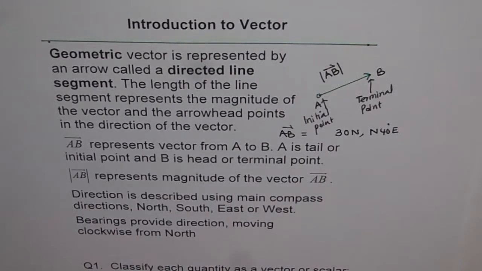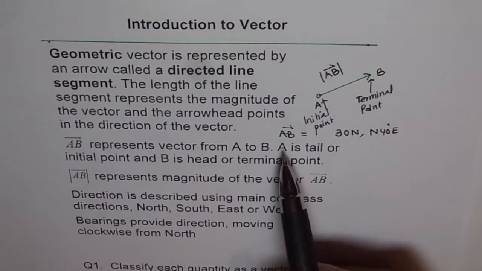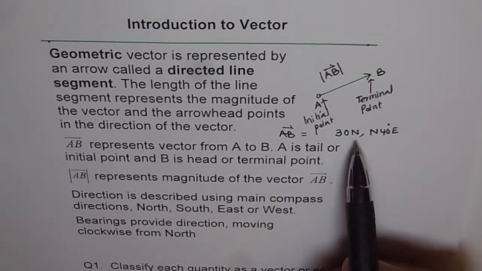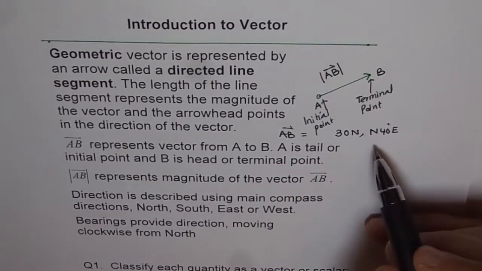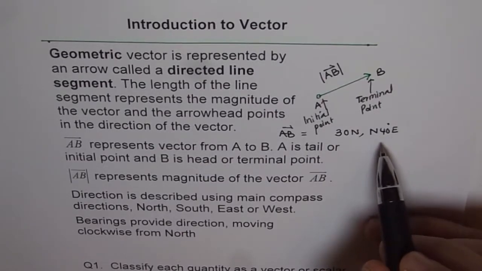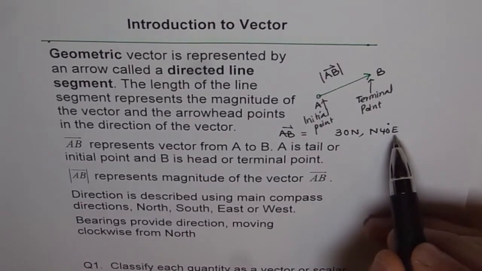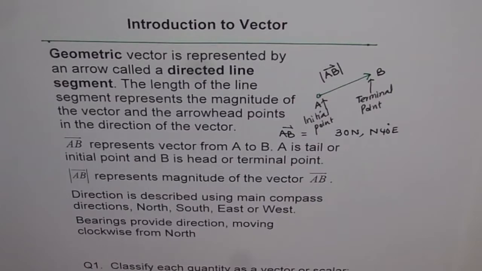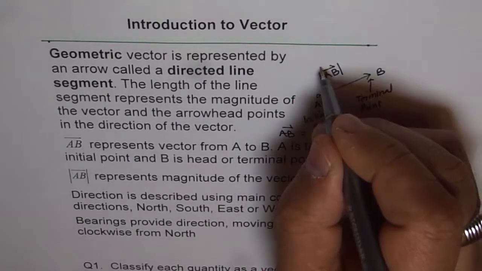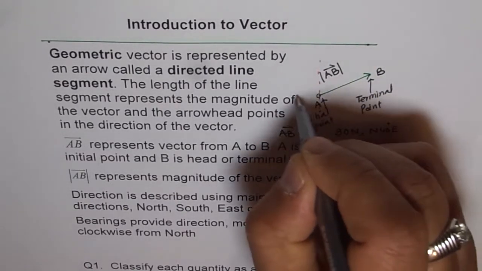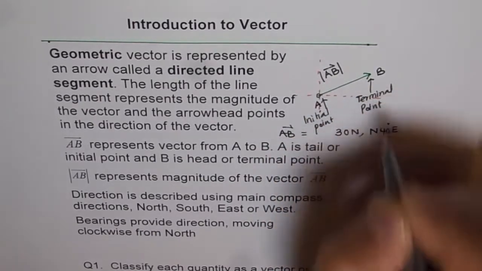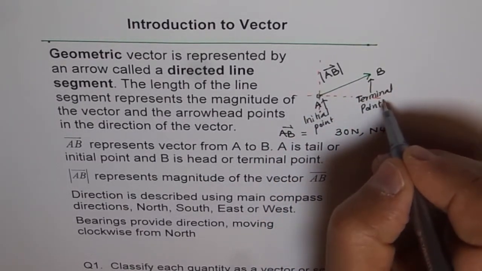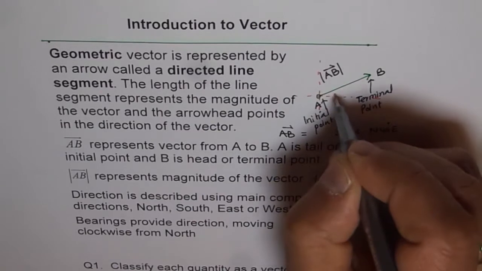So if I have to represent a vector which is a force of 30 newtons, and the force is acting along the direction of north 40 degrees east, right? Then to represent it geometrically, I will plot it like this. I say, well, this is my east, so from east it is 40 degrees.